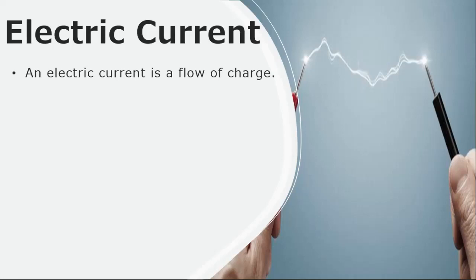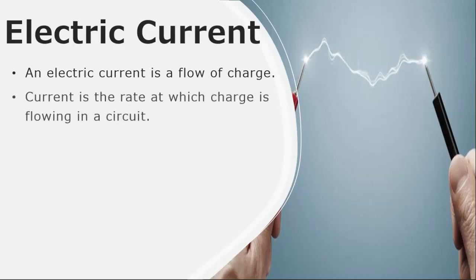In metals, current is the movement of negative charge, which is the electrons, while in gases and electrolytes, such as the sodium chloride solution, both positive and negative charges may be involved.